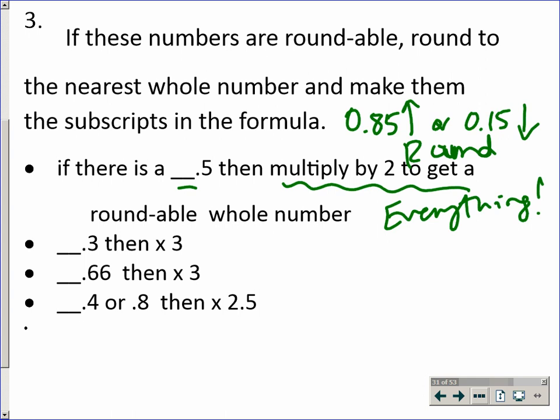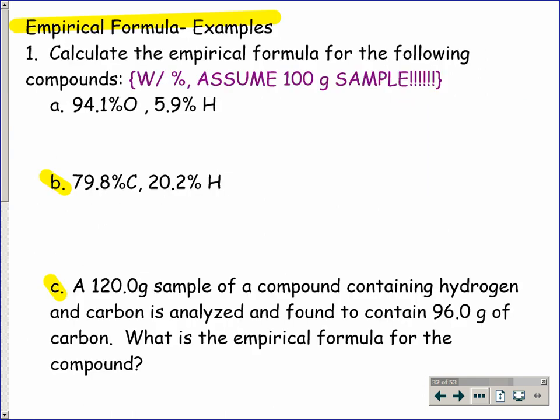I'm going to scoot you ahead, get your last piece you need. All right, so we're going to do an example first with the empirical formula.